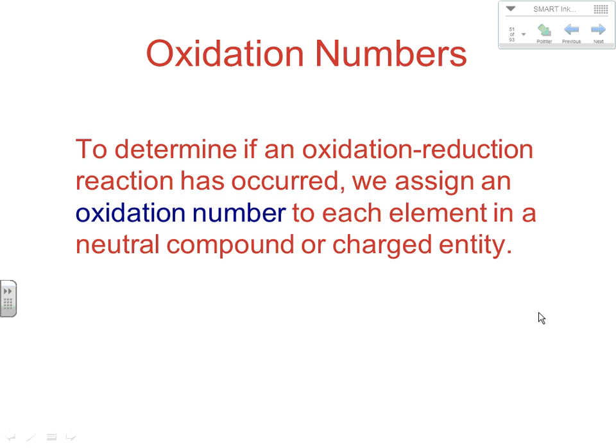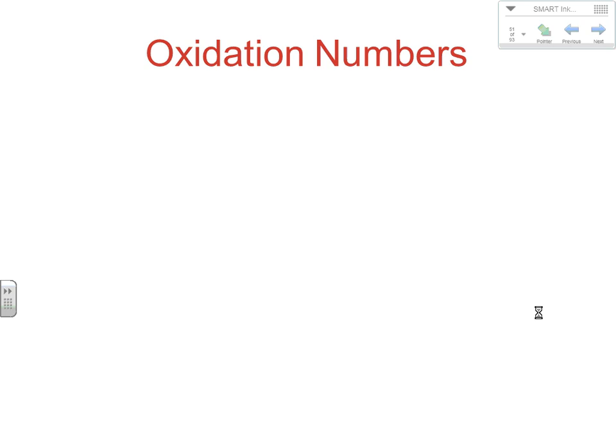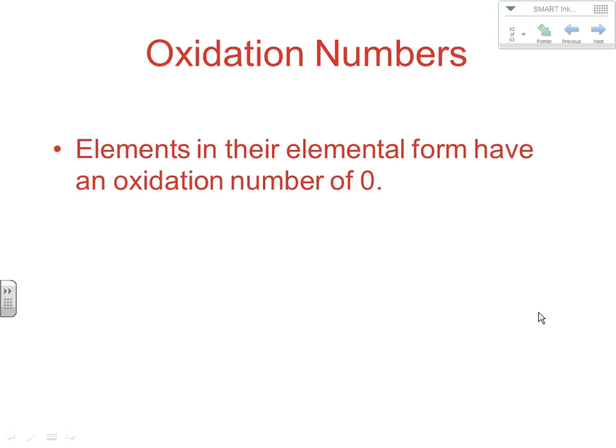We're taking a look at if it were a charged particle, exactly what would its charge be? So we're going to use this to help see if we've been oxidized or reduced. So one of the things you need to be able to do is figure out what the oxidation numbers are of the elements on each side of the reaction to see if their oxidation number is going up or down. And therefore you know what's being oxidized and what's being reduced. So you need to be able to determine your oxidation numbers.